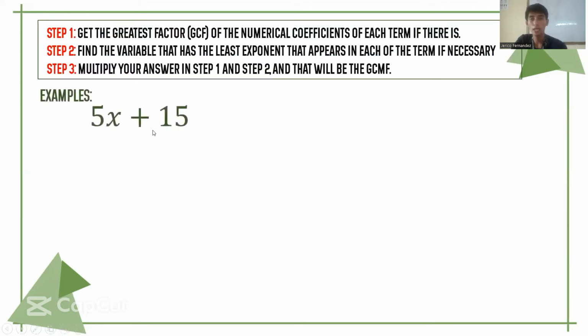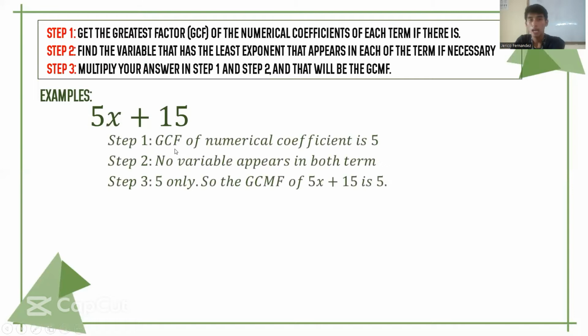Let us try this. 5x plus 15. Tingnan muna natin. We have 5 and 15. Okay, step 1, GCF of numerical coefficient is 5. Okay, 5 is the greatest common factor of 5 and 15. Tapos, no variable appears in both terms. So, dito may x, pero dito, wala.